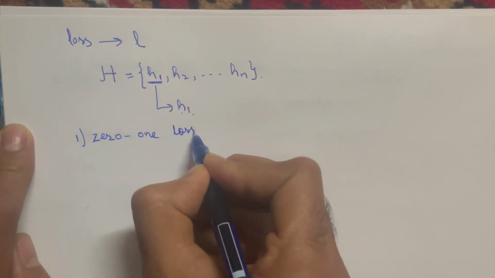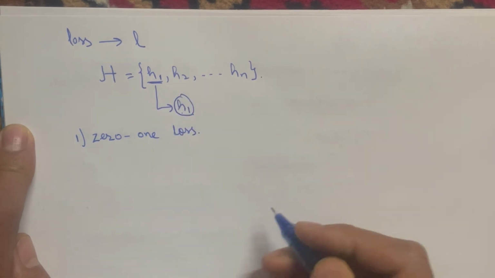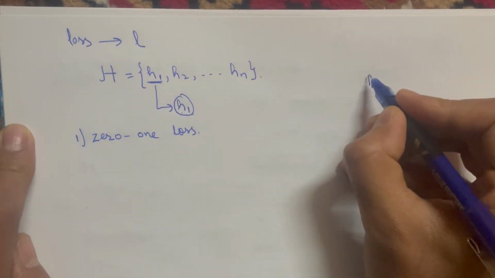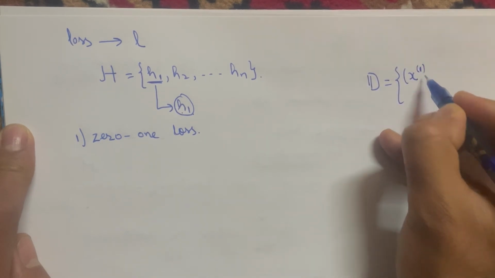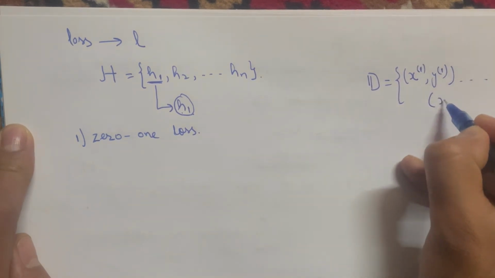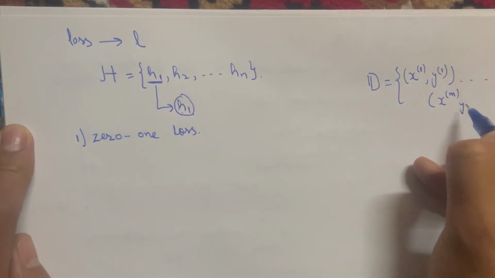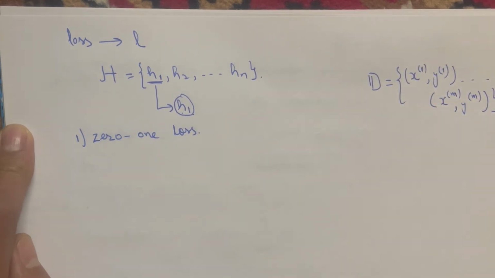What is this 0-1 loss? It means that we will use this function h1. Now we already know we have a data set, and this data set contains x1, y1, dash dash dash, xm, ym. Fine. So this is our training data set.